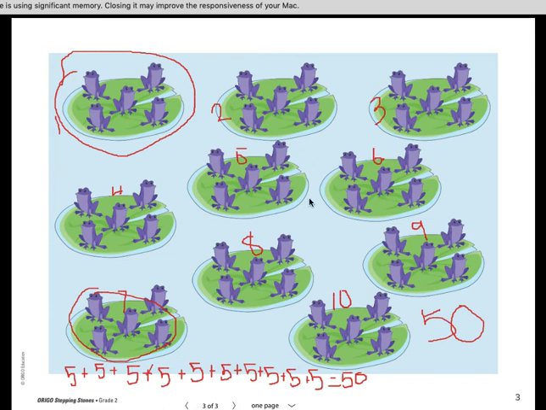And we know that the total is 50. We did not have to go through and count each frog by ones, right? We know there were 10 lily pads, 5 on each lily pad. So the quick way to add all of those frogs together would be to skip count by 5 for 10 times.